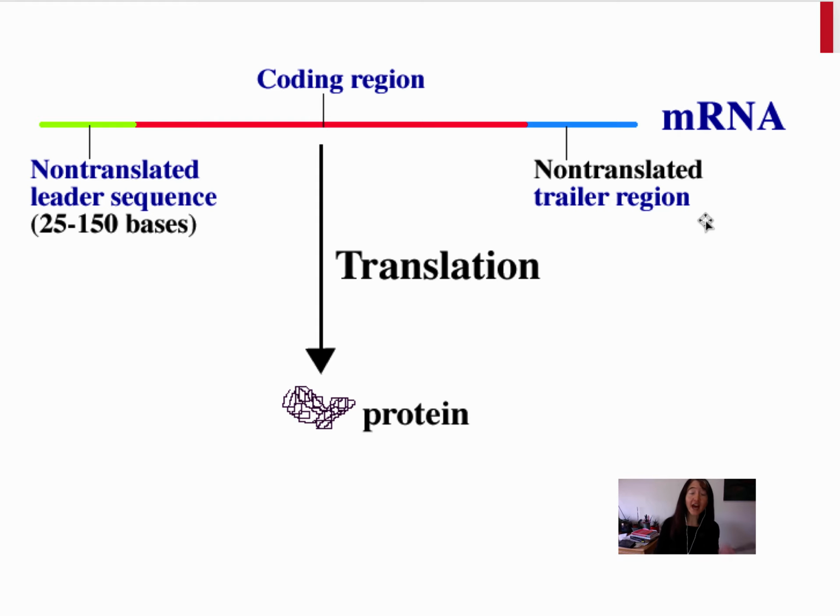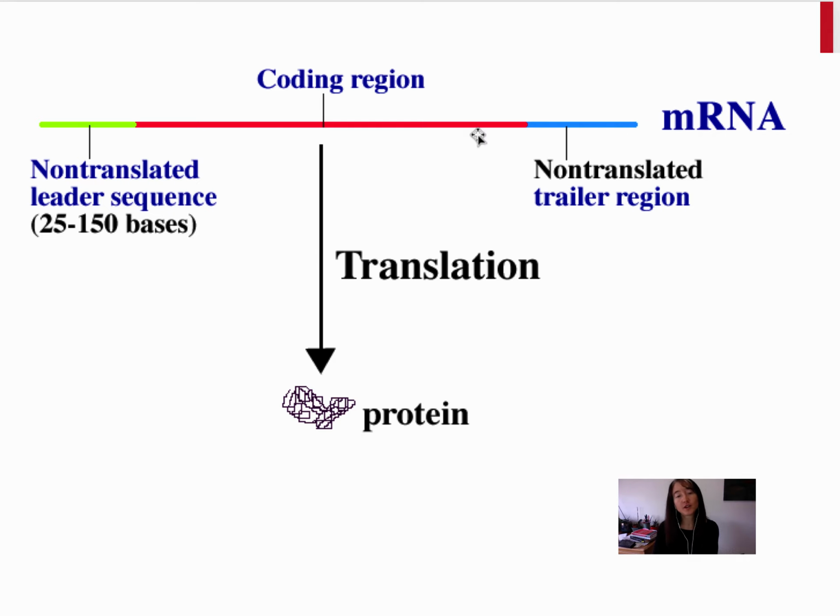We can hypothesize the reasons for having those non-coding sections. For example, picture a Pac-Man-like enzyme that is a 3' nuclease that chews from the 3' end here of the mRNA, chowing down on it. So this non-translated trailer region is a great protector.